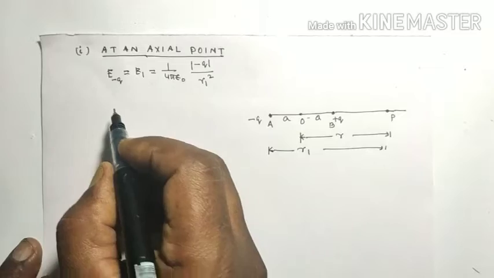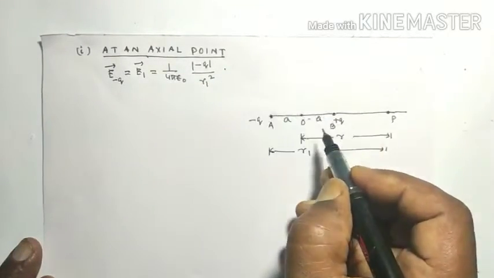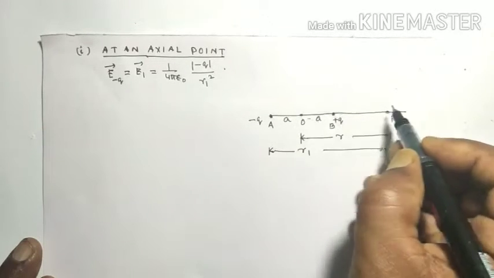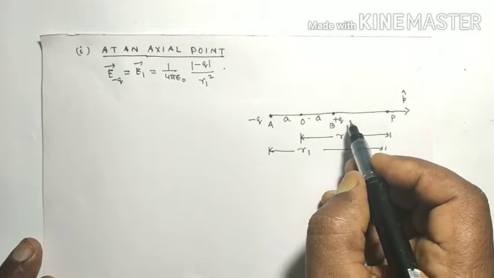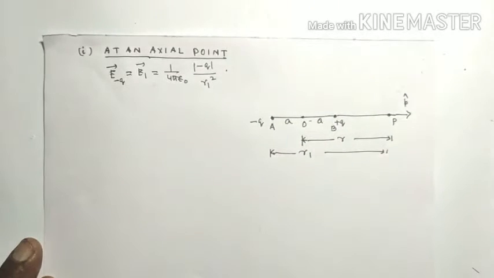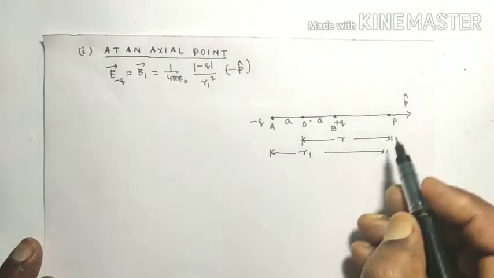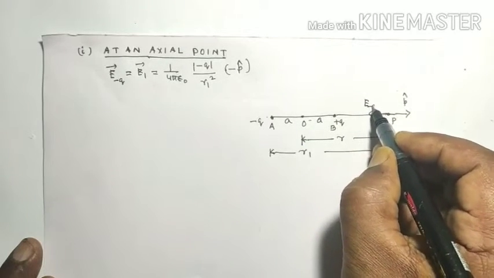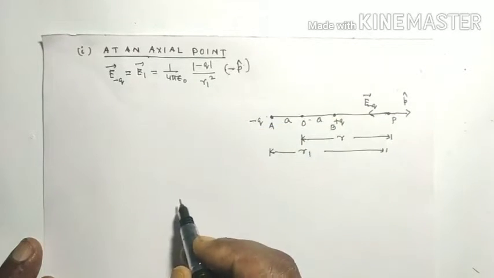And if we represent vectorially, we introduce a unit vector P cap. P cap is a unit vector along the dipole axis. Electric field at P due to charge minus Q is towards minus Q, that is towards left. So we use minus P cap.